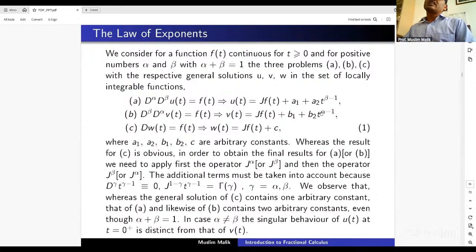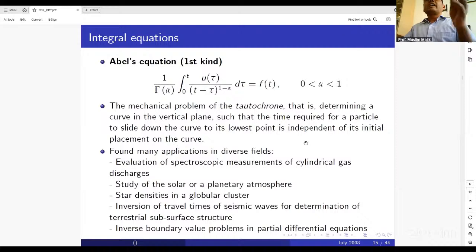Then we can think, in the loose sense, that the function may be bounded. So in this way we can find that this law of exponent is satisfied. Here we have this thing, and in that case we have this thing. And one application of this fractional integral and derivative is in the Abel integral equation. This is a physics problem.